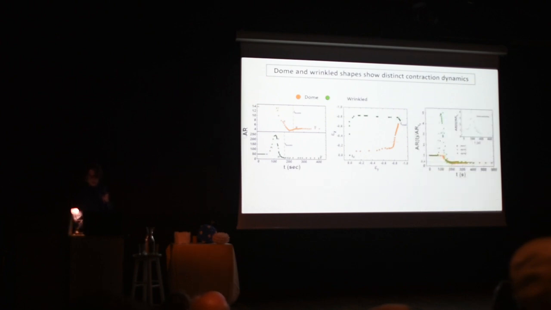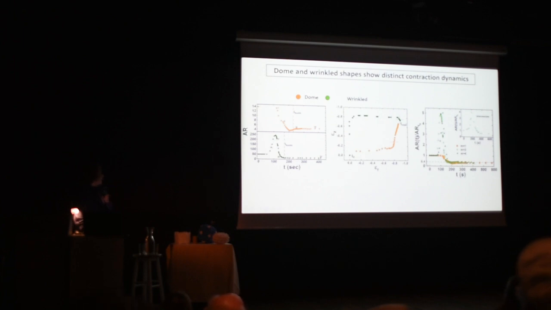Now, what we find if you look at this and you normalize everything, so you look how the aspect ratio changes relative to their initial aspect ratio, so then you normalize everything in a single curve, you find that wrinkling or disc-like shapes that generate wrinkles first shoot up and then decrease, whereas those that generate domes first decrease and then recoil a little bit.